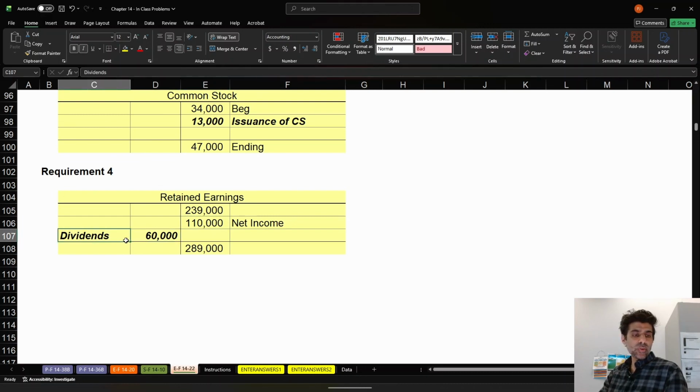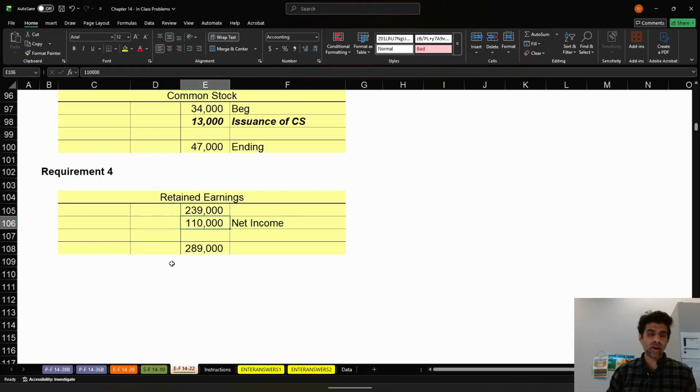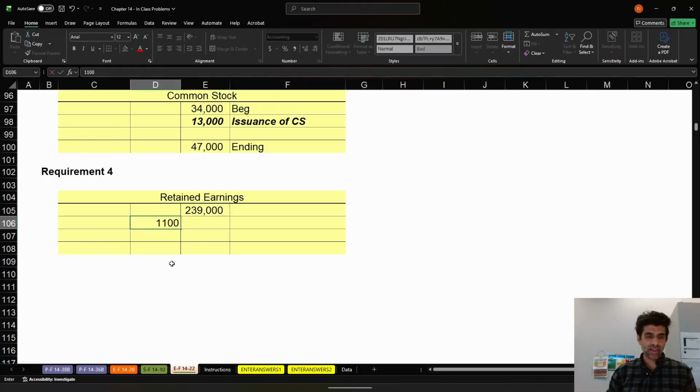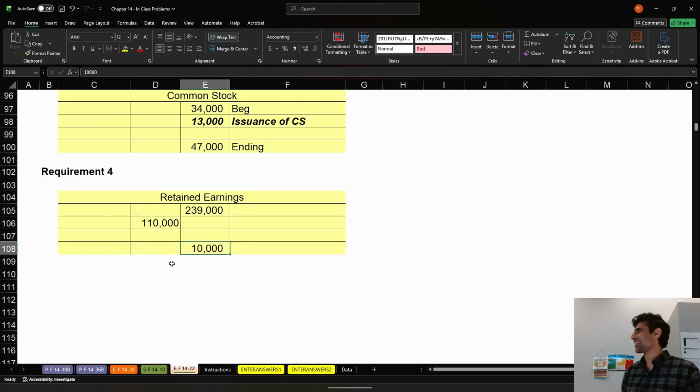Okay, so this is also going to go in the section on financing, because it's related to equity. Let's pretend we had a net loss. Let's say it was 110,000, 10,000. Let's just say that. Then you would have this debit from a net loss.